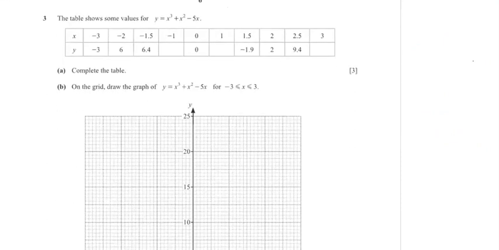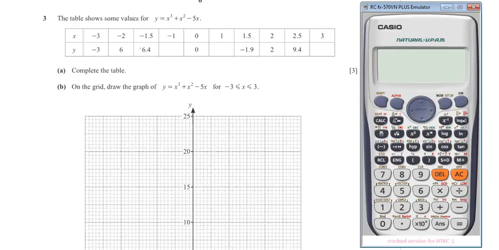Next, question number 3. If the table shows some values of y is equal to this, complete the table. Very simple question. Just write in place of x these values here. Whenever x is equal to minus 1, y will become minus 1 cube plus minus 1 square and then minus 5 into minus 1.